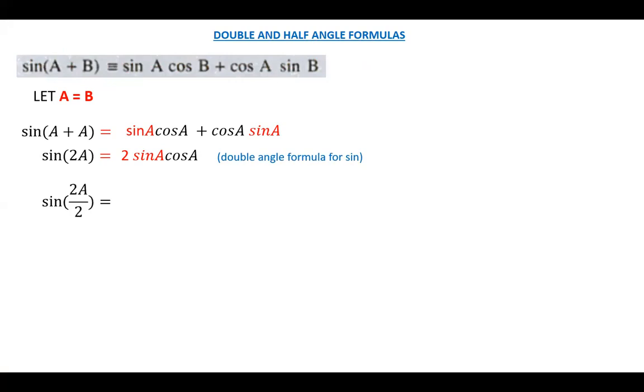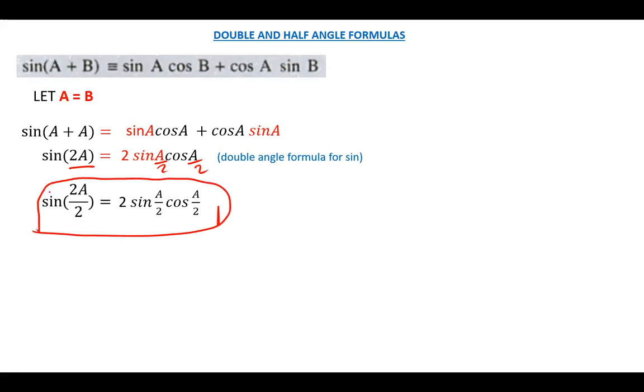So what if we divide the angle? The angle here, if we divide it by 2, what happens? If we divide this by 2, it means that all the angles this side will also be divided by 2. So when you divide the angles by 2, we're going to have this expression here. Let me show you the simplified version of it.